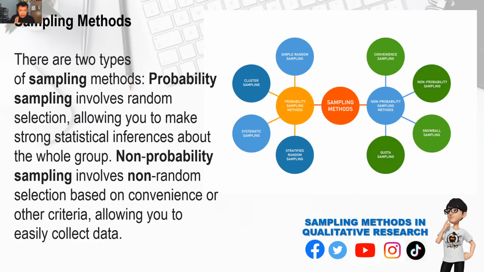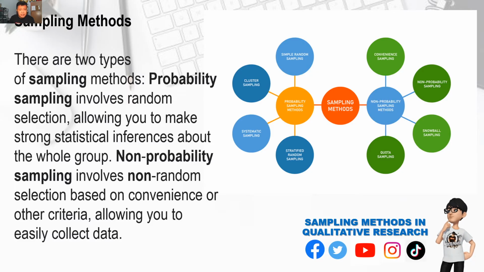Okay. On the other hand, yung non-probability sampling involves the opposite: non-random. Non-random and there's a possibility na hindi nyo makukuha yung representation of the whole population. Okay.